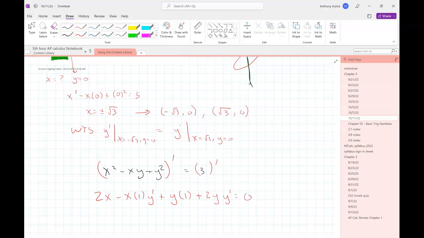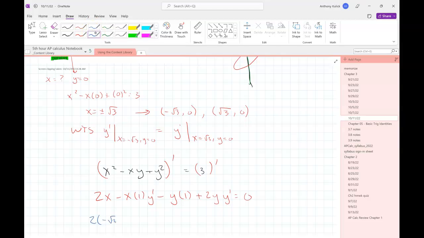The derivative of, should be a minus sign there, xy, I have to use the product rule on, so that's x times the derivative of y, and then distributing my negative through, I get y times the derivative of x, and then I have the derivative of y squared, which is 2y times dy dx. Okay, now all you need to do is plug these in.